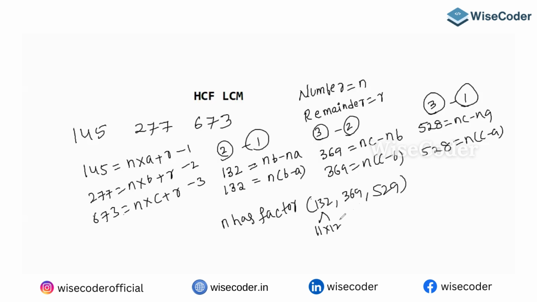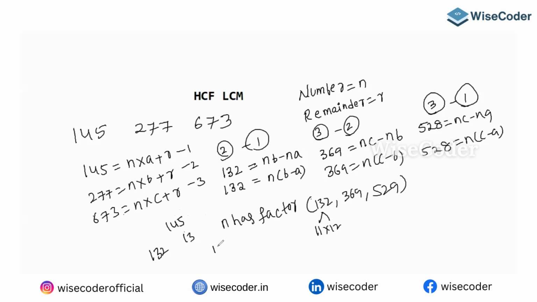So the largest number that n can take is 132. So check, 132 dividing 145: what is the remainder? 13.